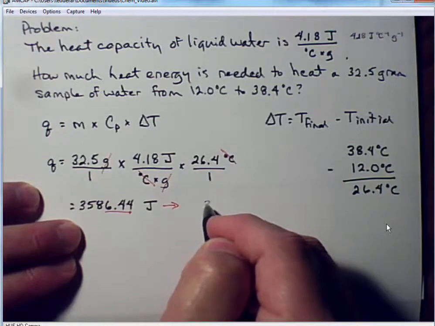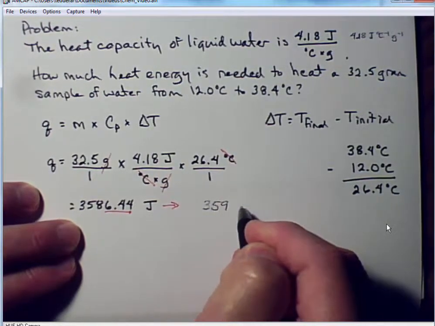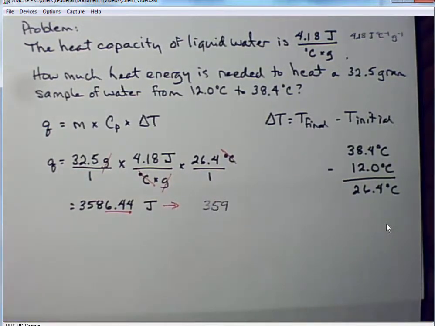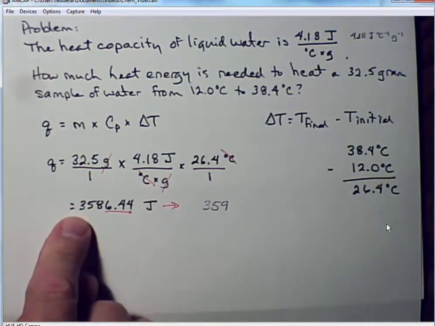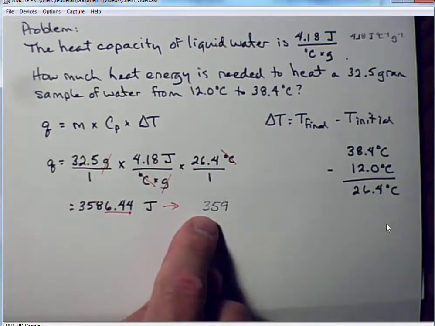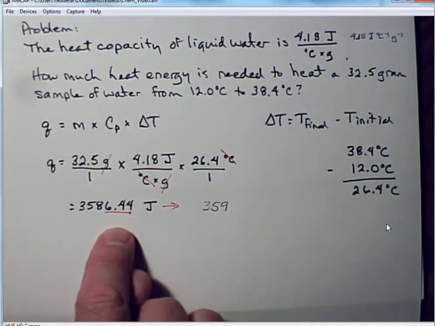So, is that the right answer? I see a few people saying yeah, but most of you got it now. 300 something is not even in the same ballpark as 3,000 something. This is an order of magnitude smaller than this.